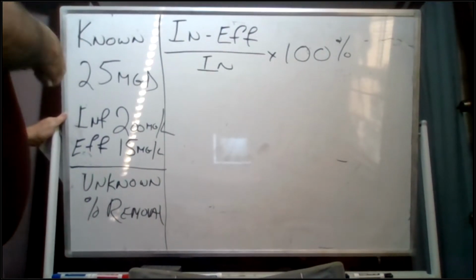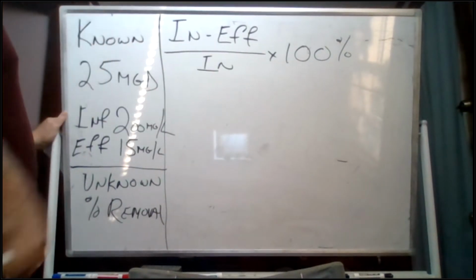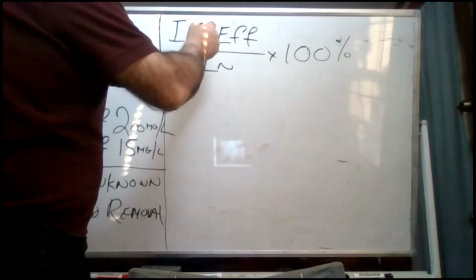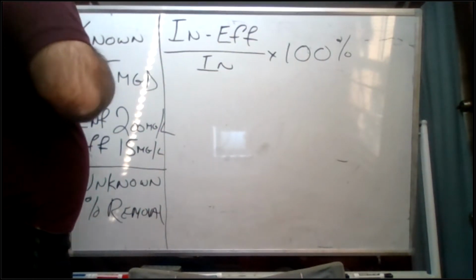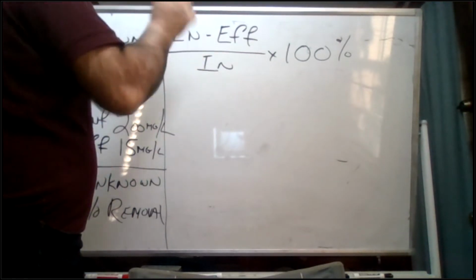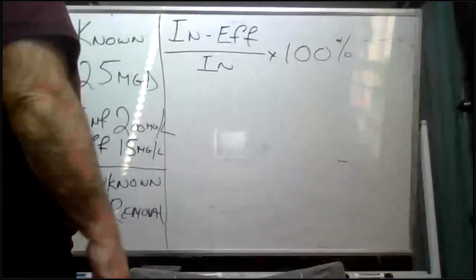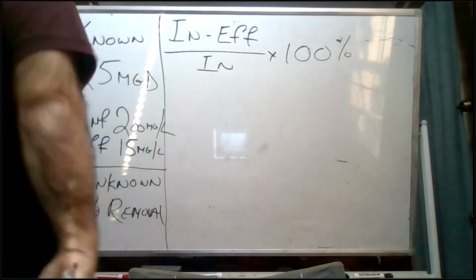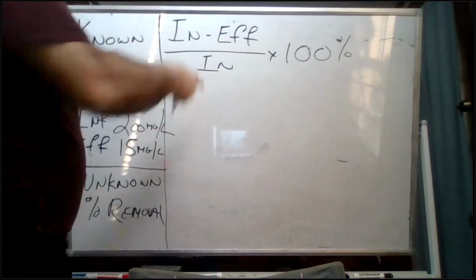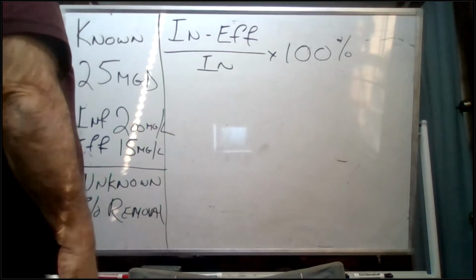Remember, influent is what's coming in, effluent is what's going out. Now, this little subtraction sign tells me something. You are getting the difference between the influent and the effluent. So you are getting what was pulled out, and you're going to divide that by the influent.